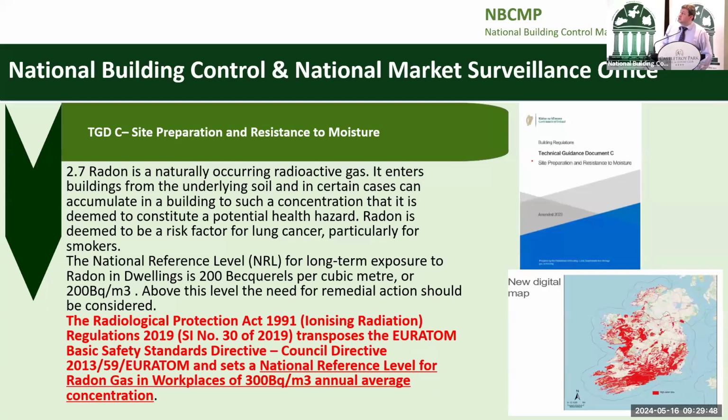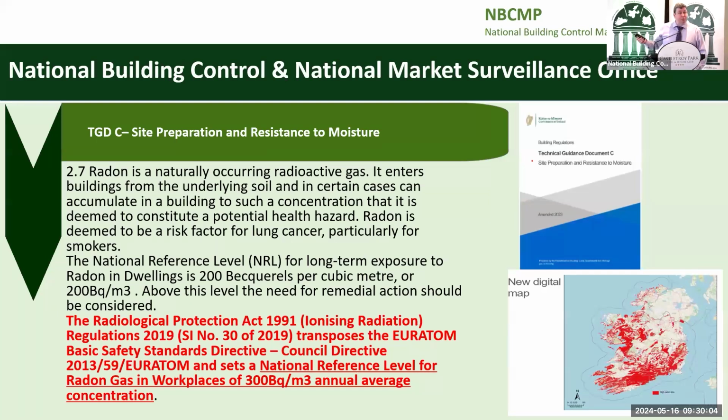But radon is a naturally occurring radioactive gas. It enters buildings from the underlying soil, and in certain cases accumulates within the building in a concentration that can be deemed potentially hazardous and life-threatening.